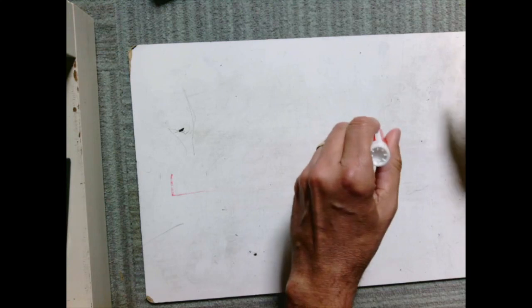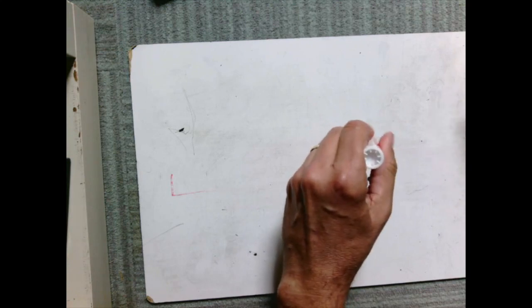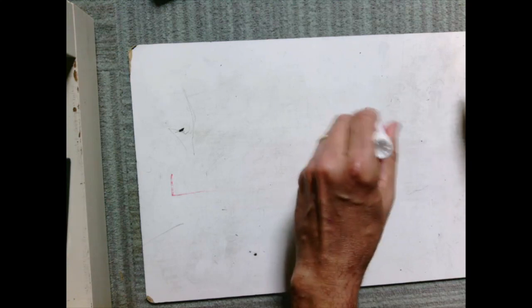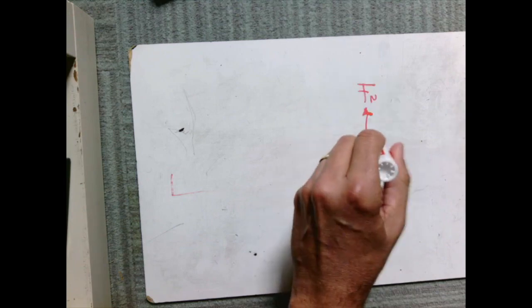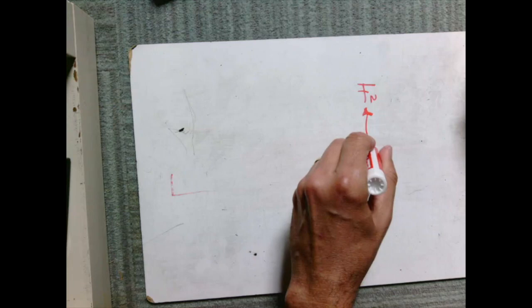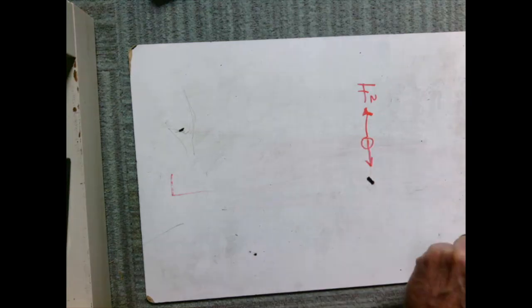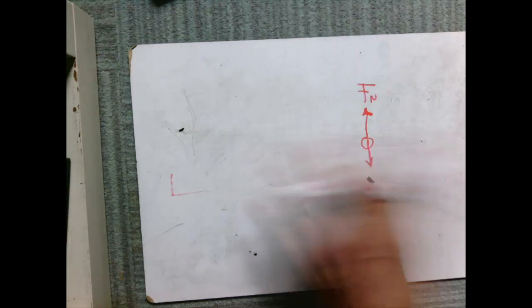Here's why. If you have a normal force, I had my finger here. It was providing a normal force. If the center of mass goes right through the normal force, it's not going to tip.